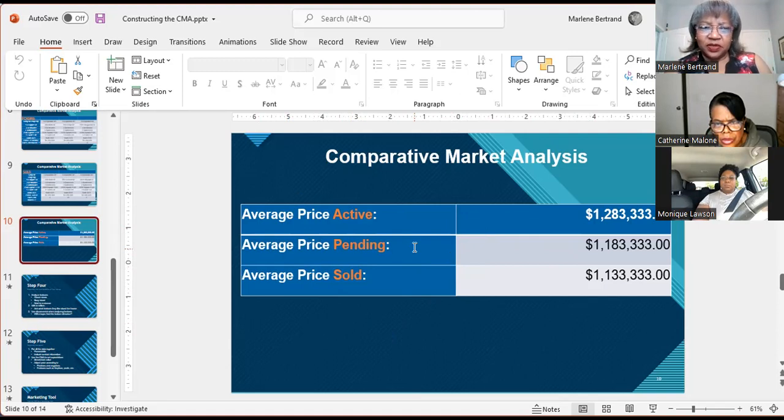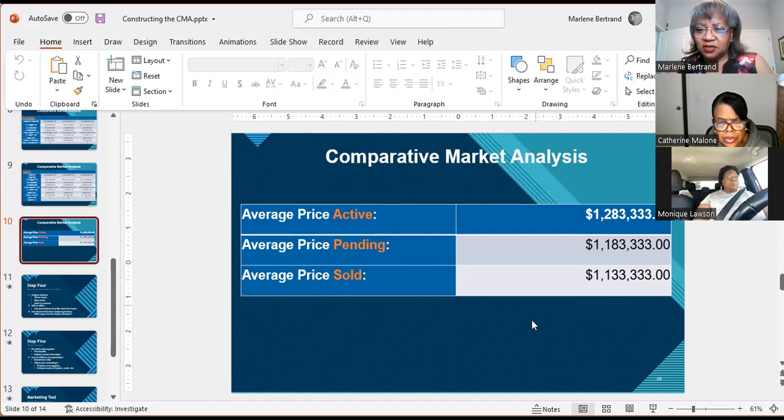So you can actually do it on your own. You just add up all the numbers for the active listings, the active prices, divide it by 3, or however many you have. If you have 4 comps, then divide it by 4 to get the average. But the program will give you these numbers. So it has average pending, and you can see that number in the average sold.